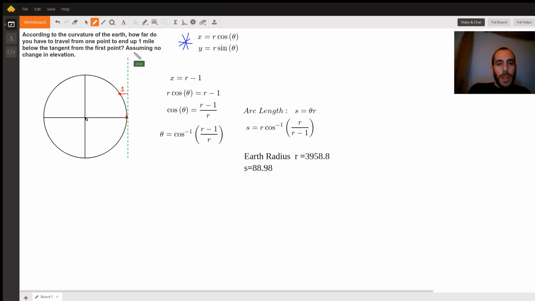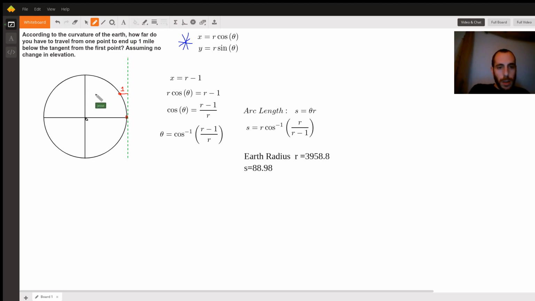Now, whatever the radius is, we'll just call it r from now. From the origin to this original red dot is r. But now that we are 1 mile to the left of that on the x-axis, we are now at a distance of r minus 1 from the origin.